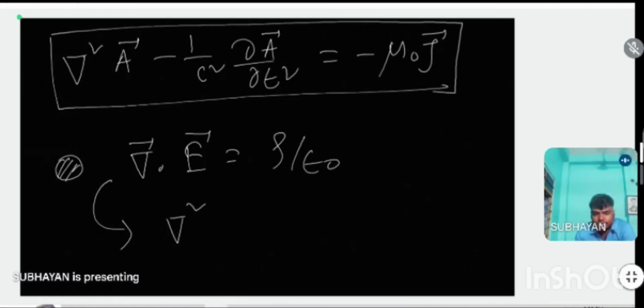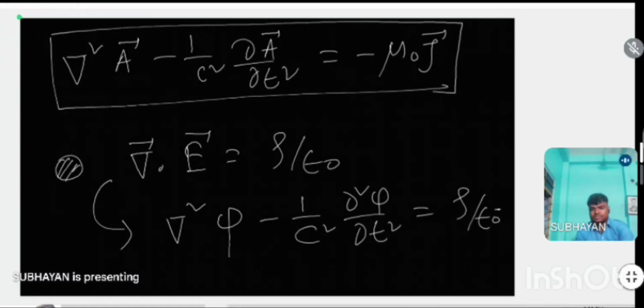grad square of phi minus 1 by c square del 2 phi by del t2 equals to rho by epsilon.